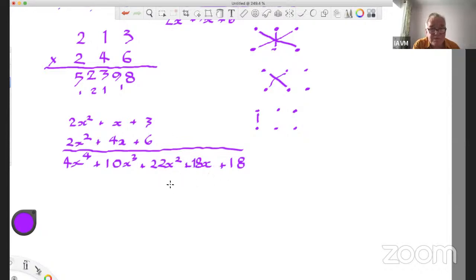Now, the coefficients here, 4, 10, 22, 18, 18, they don't quite look the same as the numbers here.